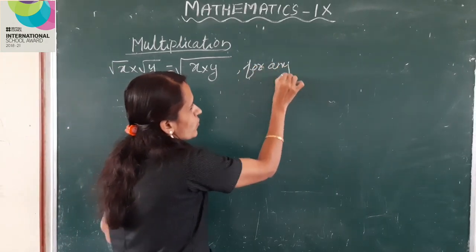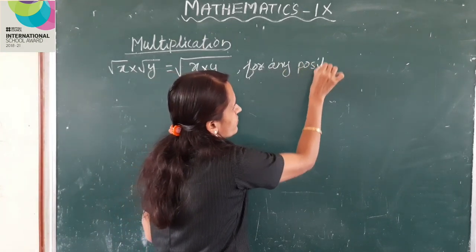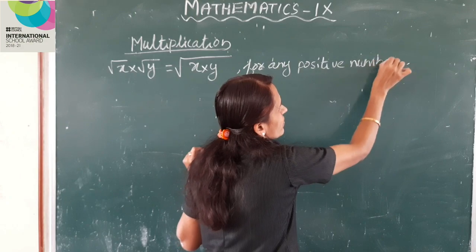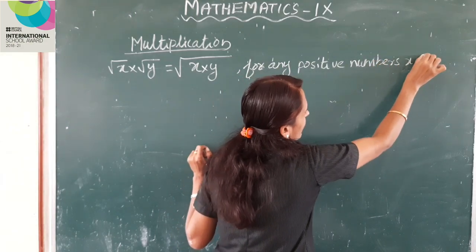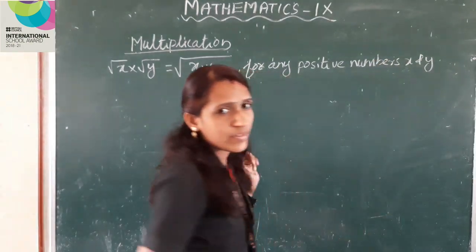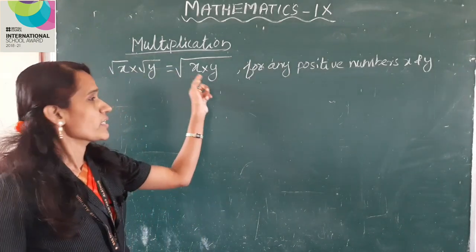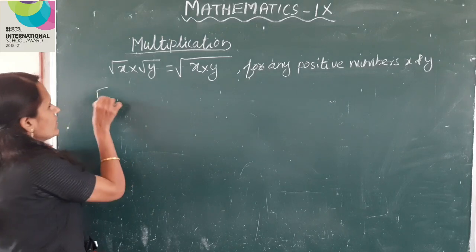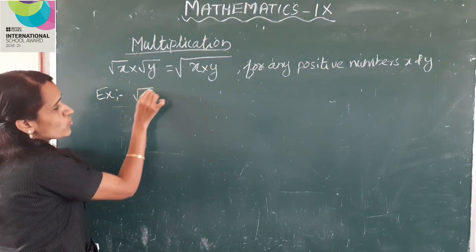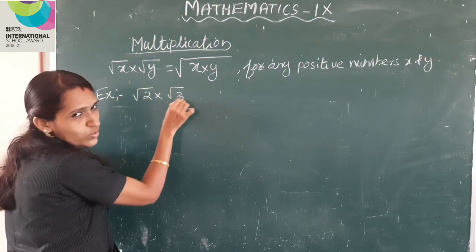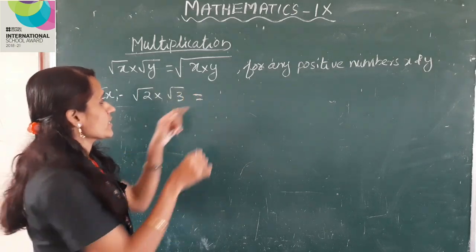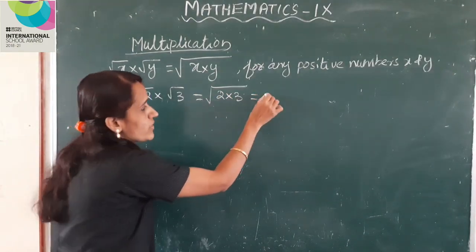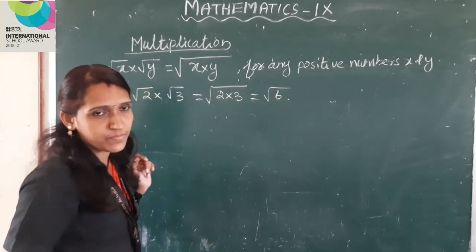For example, root 2 into root 3 is root of 2 into 3, which is root 6.